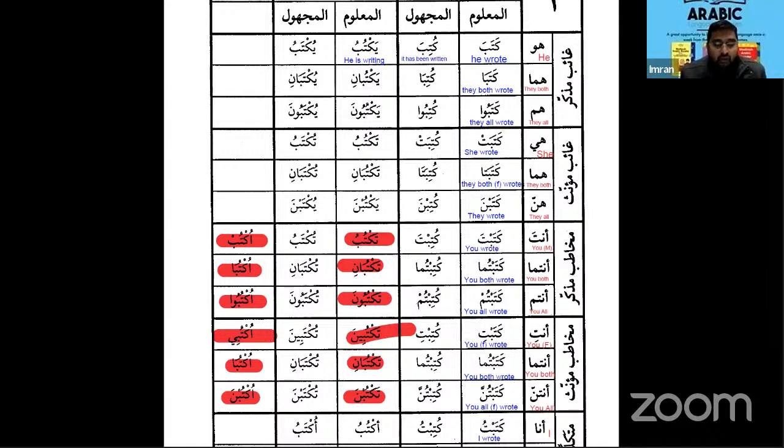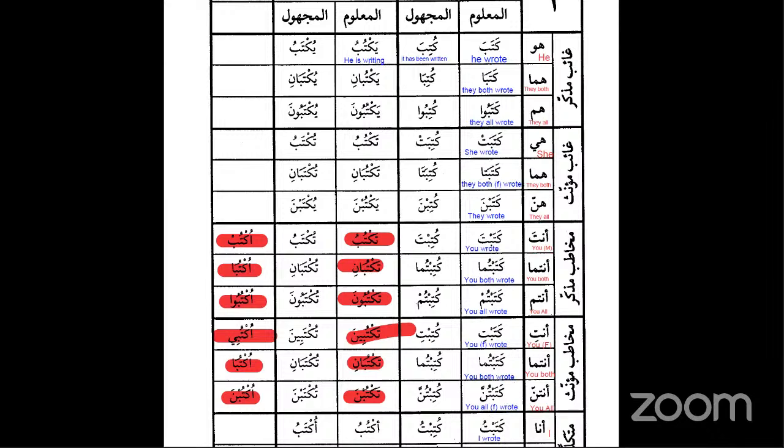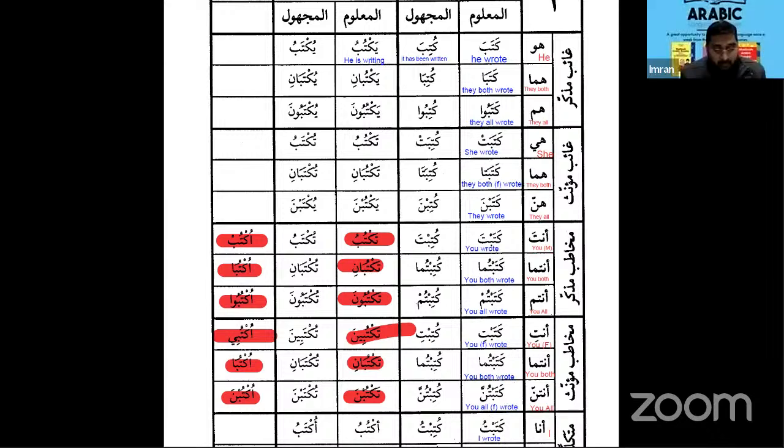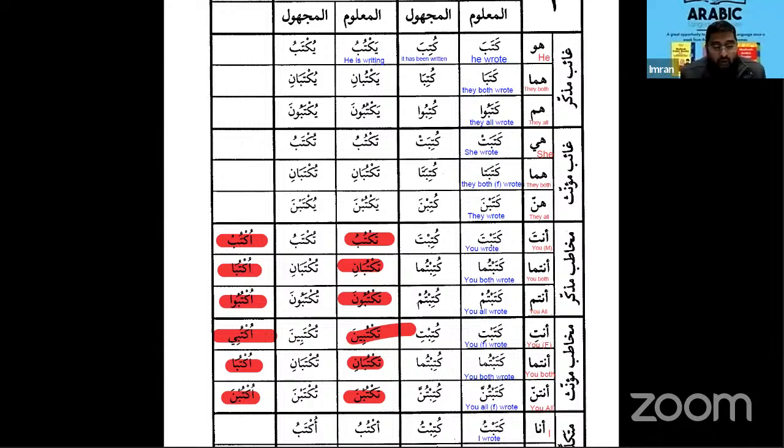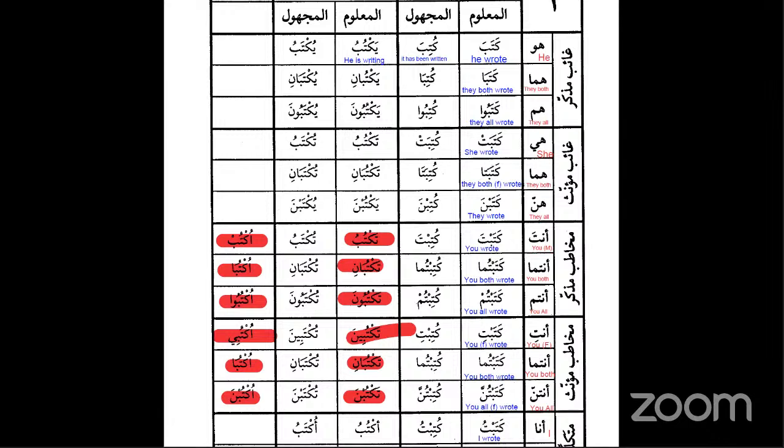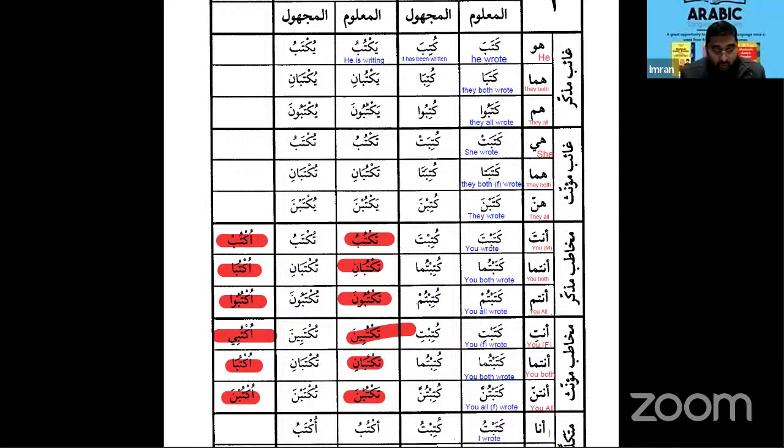Now, here the doer is Muhammad. Correct? He is the one performing the action. The object is letter. Now, when you make the passive tense, what happens is that the doer is removed, which is Muhammad.